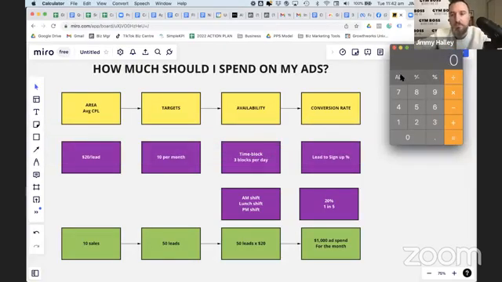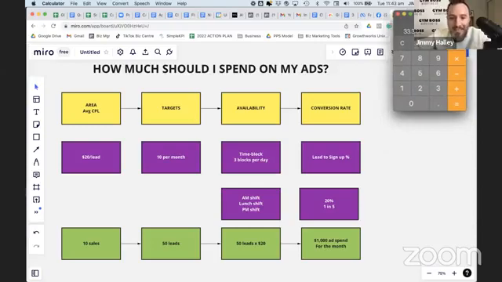Let's go like this. 1,000 divided by 30 days, because it's 30 days in the month. That'll equal roughly $33. Boom, there we go. $33 a day in ad spend to get those 10 people signed up in the month.